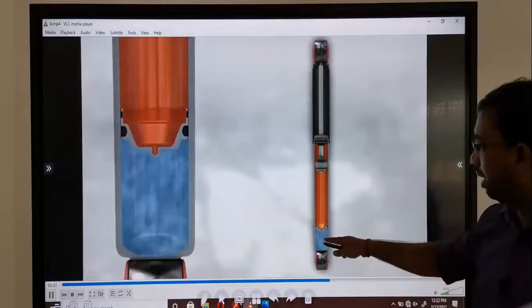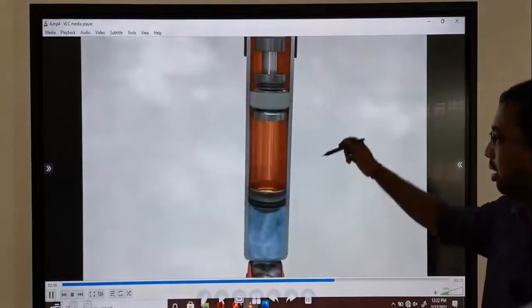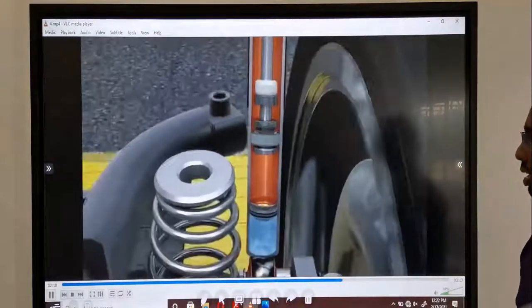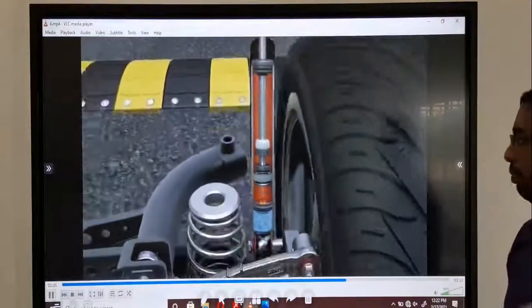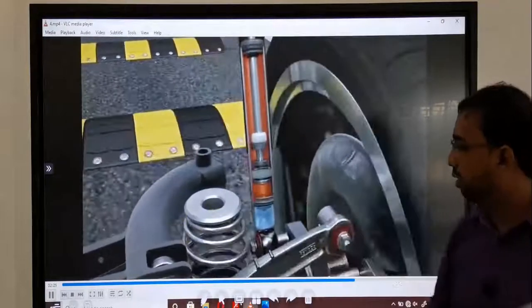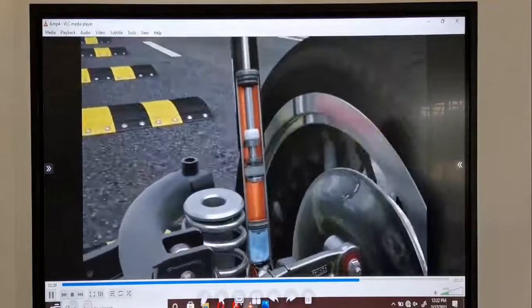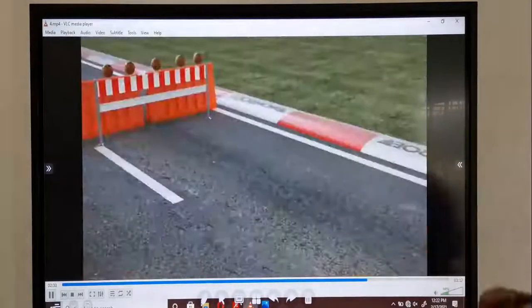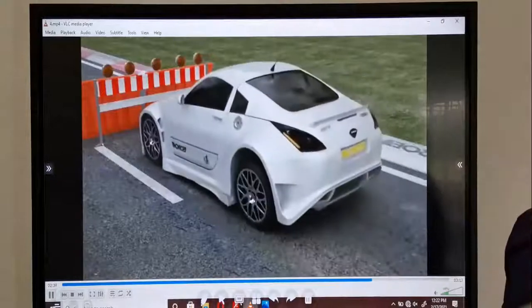If there is a lack of this gas amount, what will happen? This piston can move to the down surface. That time, sometimes they need to change the gas amount, because if there is a lack of quantity of this gas, this piston can crash with the downside.